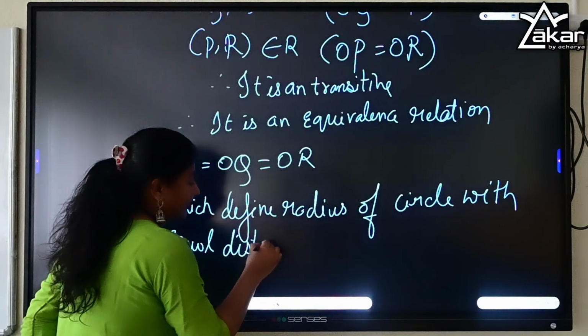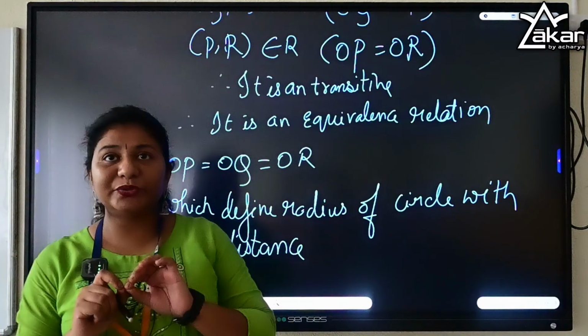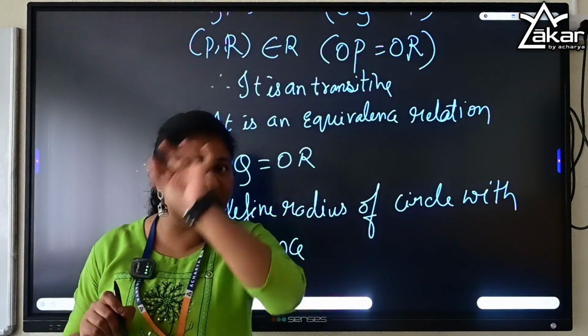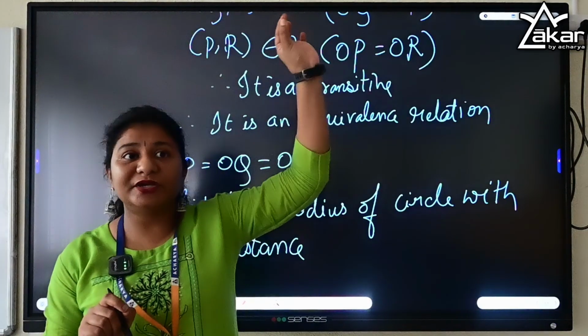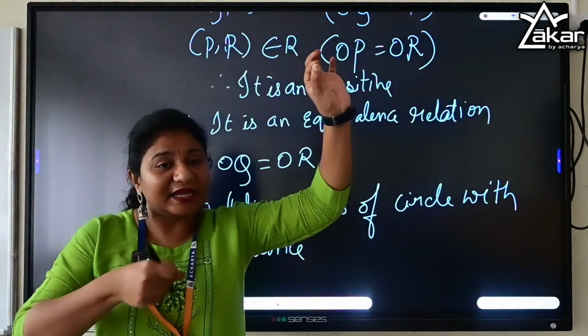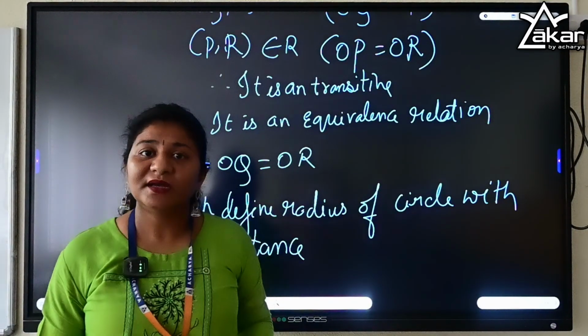That is what radius says, right? If you take the center point, you can mark any circle. Each point from the origin to the circumference of a circle has an equal distance, and we call it the radius.